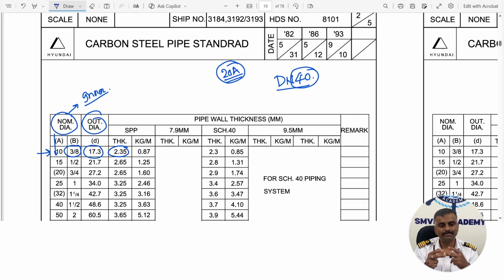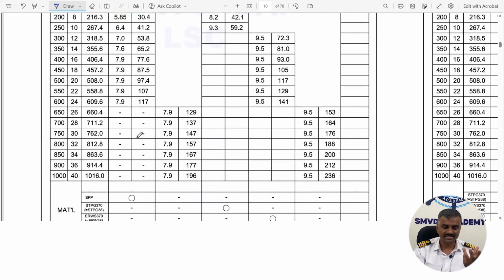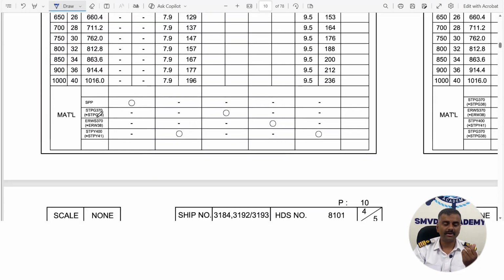So as per the pipe standard, as we had seen in the last video, SPP is one type of pipe. Schedule 40, we will see what it is. SPP is one pipe. PG is one pipe. ERSW, these are all the pipe material types, how they are constructed, on what materials, on what welding type they are done, like electric resistance welding, or seamless pipe, or arc welding.